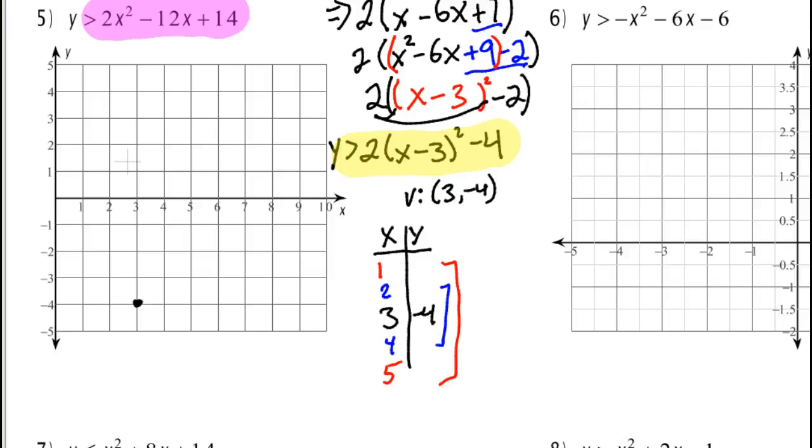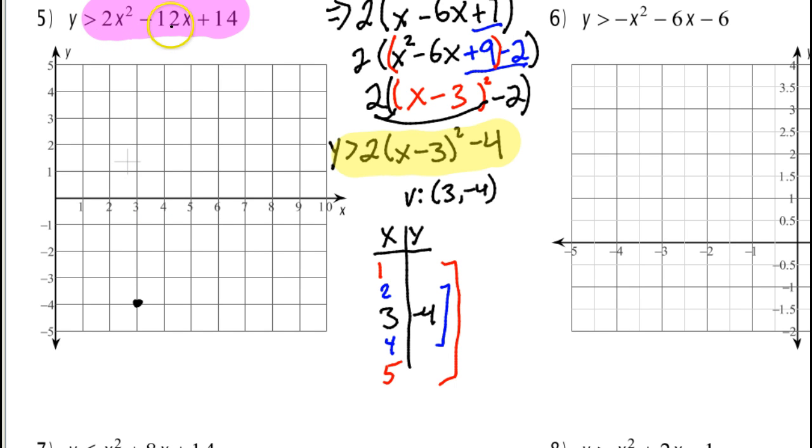Let's see here. And plugging in 1, I'll get 2 minus 12 plus 14. If I plug in 1, 2 minus 12 plus 14.